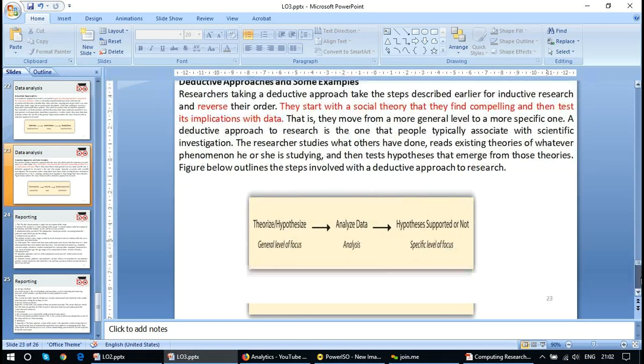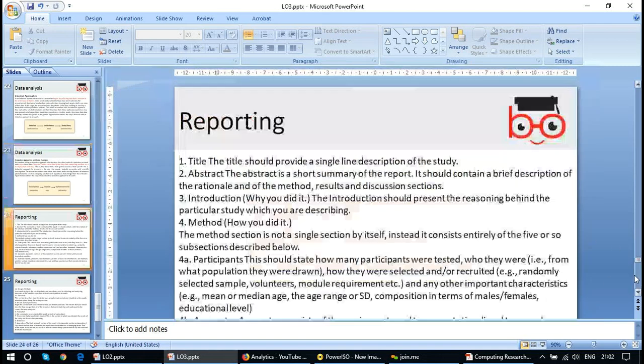Very simple. And then finally, the next topic is you need to report your research. So how can you report your research? You should have a title, an abstract, and an introduction.